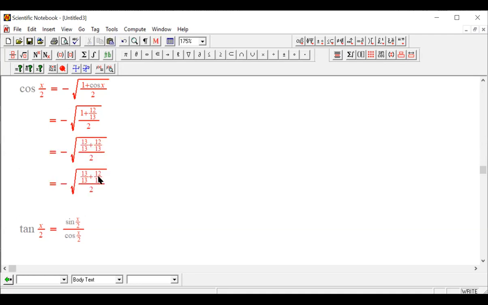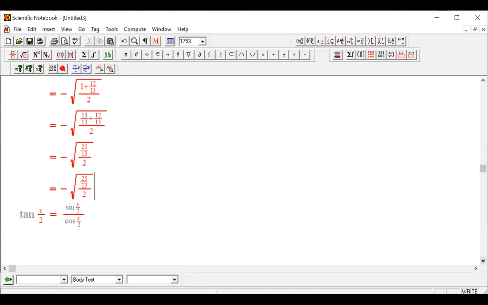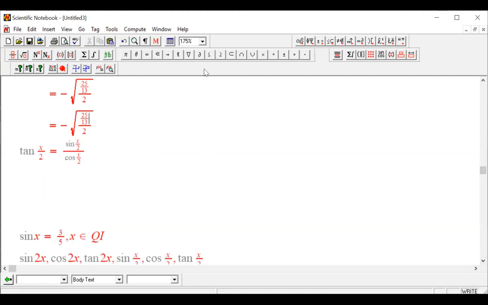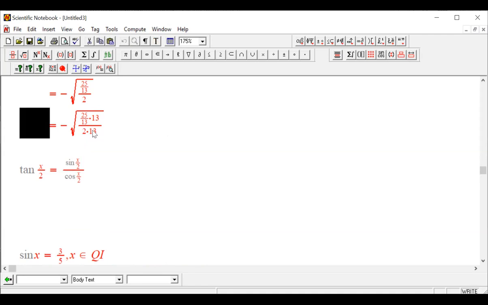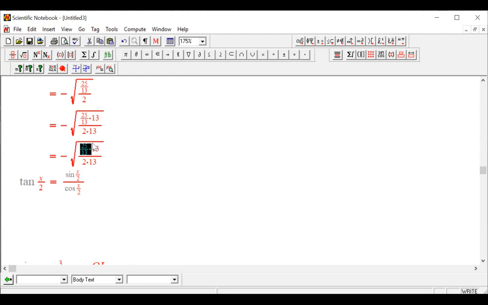And 13 plus 12, that's 25, so we get 25 on the top. On the next piece, we're going to multiply 13 by 13. Very basic math, but you need that even when you're taking calculus. So this is 25 and the bottom is 26.